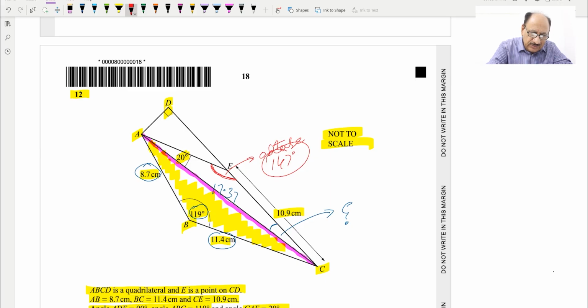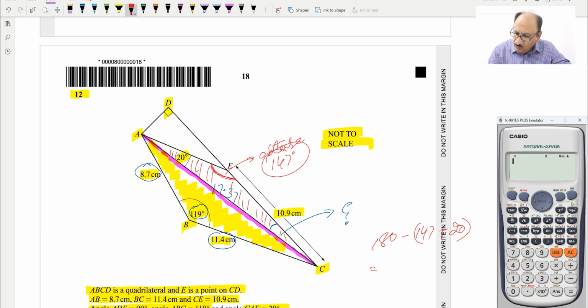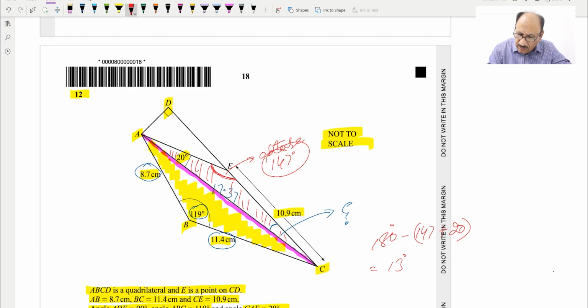Now in this triangle, we have two angles, so we can write 180 minus 147 plus 20. We will add and subtract, and this will be resulting to 13 degrees.